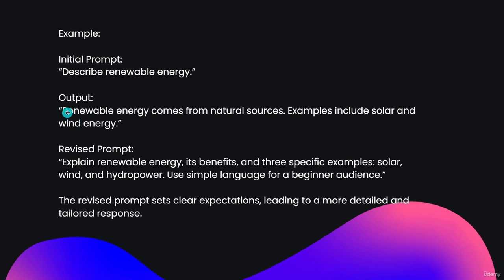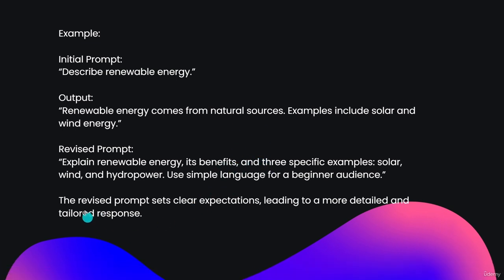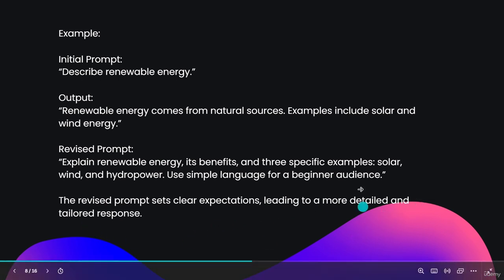I just got a specific answer, but for easy understanding of a particular topic, I have to guide the model with my requirements. According to my capabilities, I have to revise the prompt again to get the best output from the AI. You can see the revised prompt sets clear expectations, leading to a more detailed and tailored response. Okay, we will jump into ChatGPT and see how it works.